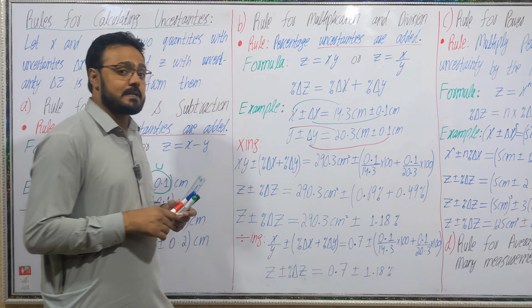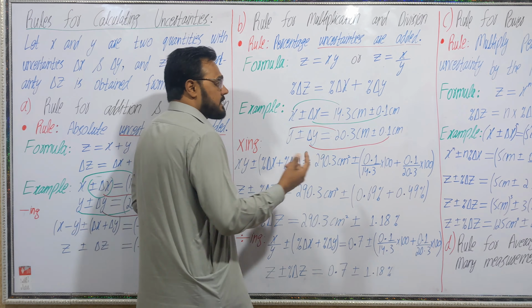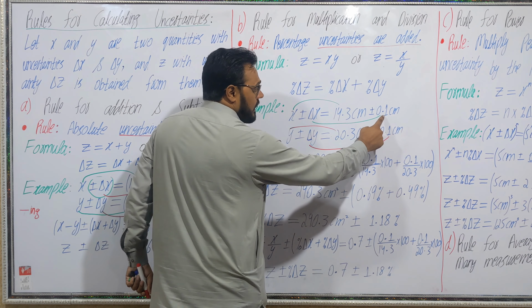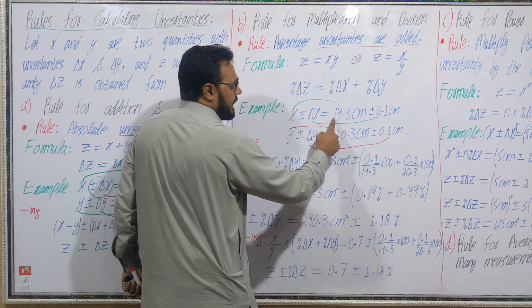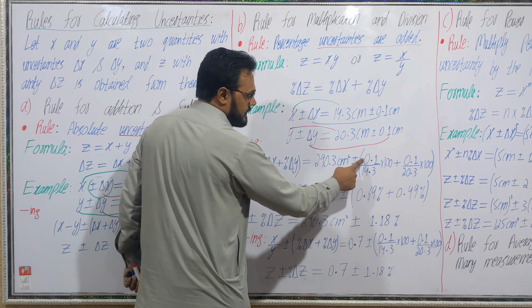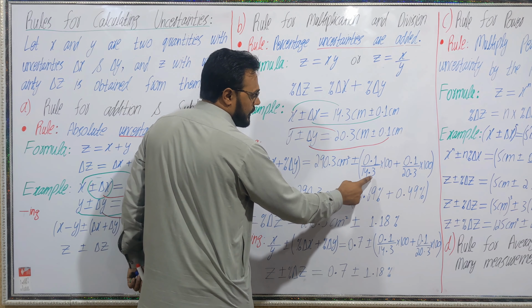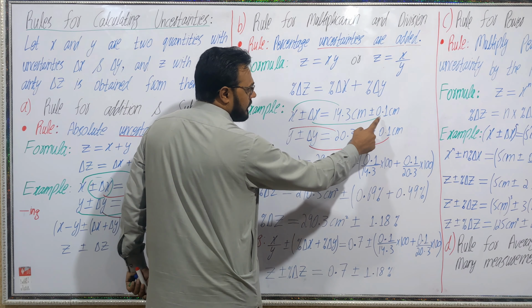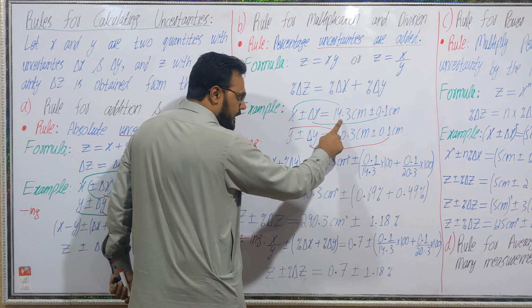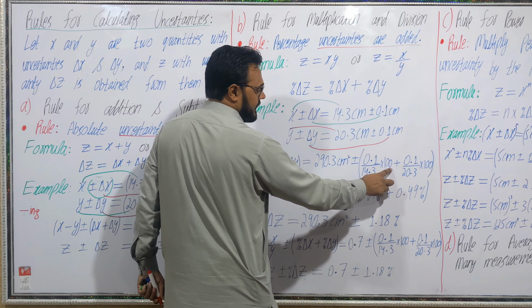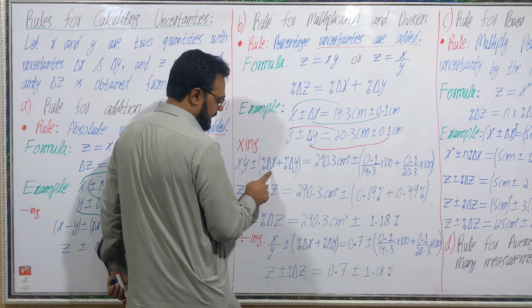How can you calculate percentage uncertainty? Percentage uncertainty means 0.1 divided by 14.3 multiplied by 100. That is the percentage uncertainty in x.